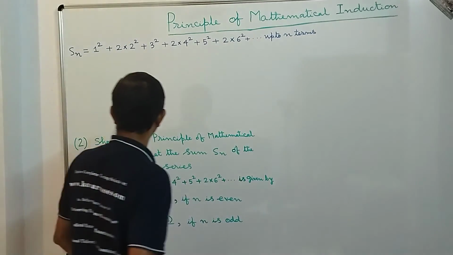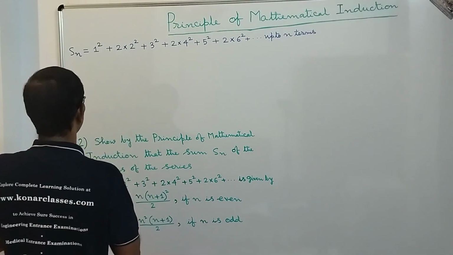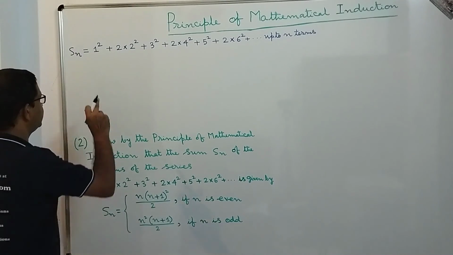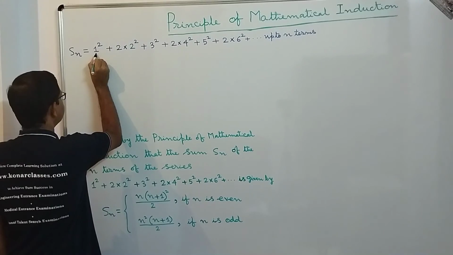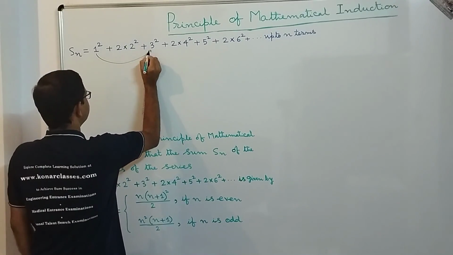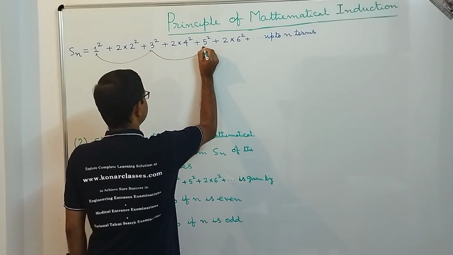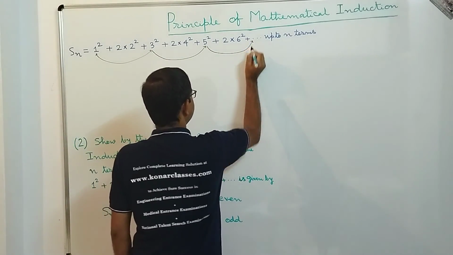If you look at it very carefully, you will notice one thing: when it is an odd number, then it is 1 square, then 3 square, then 5 square, then the next term will be 7 square, like this.